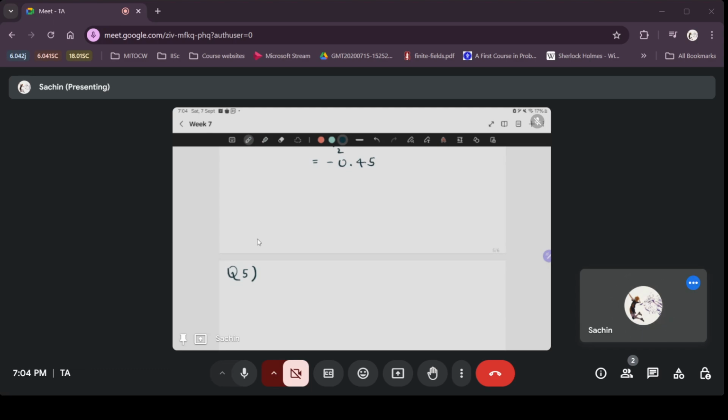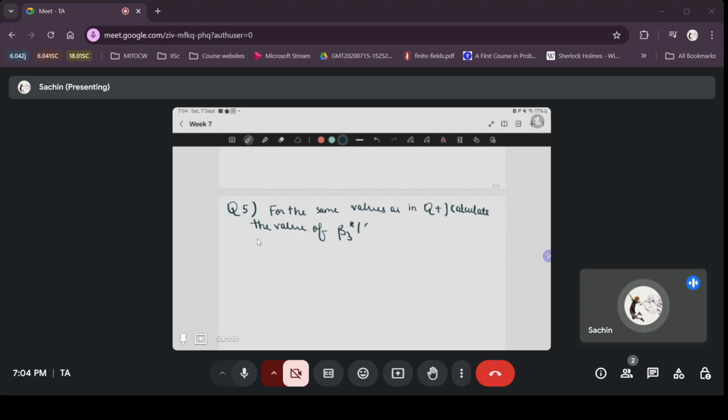For the same values as in Q4, calculate the value of beta 3 star of F0, for R3 equal to 1.6 comma minus 1.6 and V3 equal to -1 comma -1.